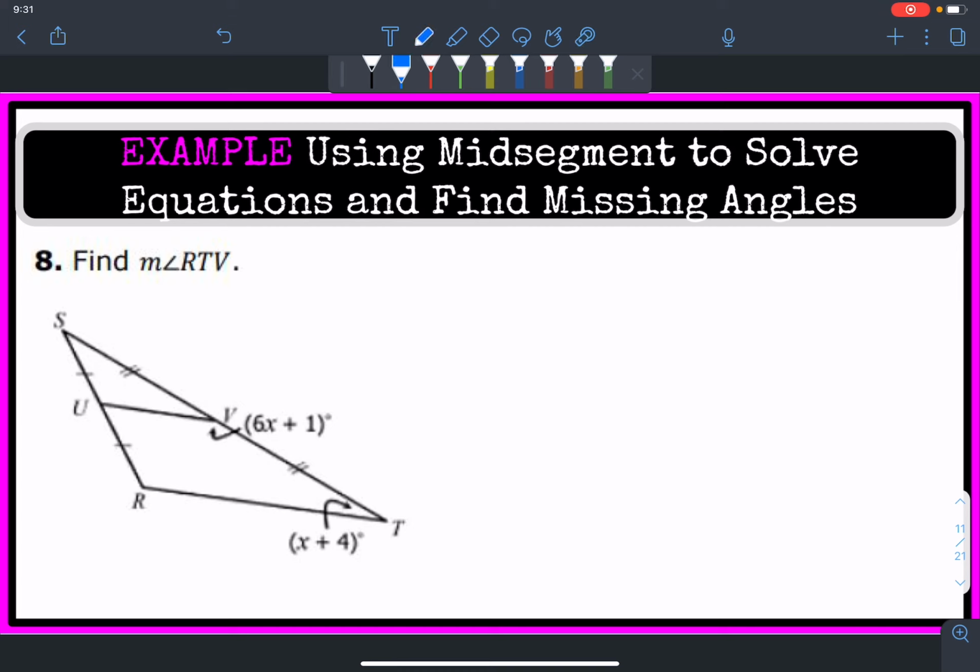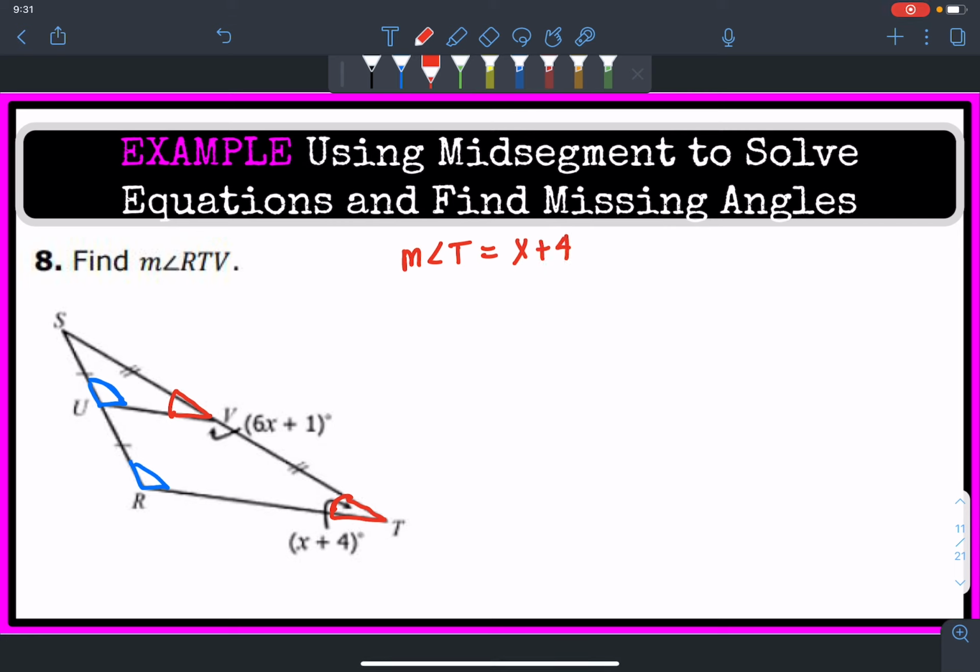And since U and V are in the middle, that means that this angle here on the left is going to be congruent to this angle on the right, so the one on T and the one on V are going to be congruent. So they give me the measurement of angle T. The measurement of angle T is equal to x plus 4.